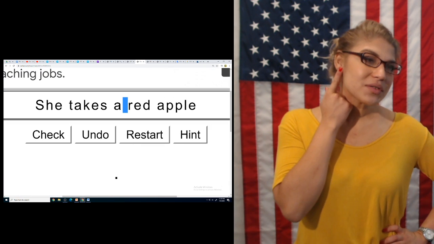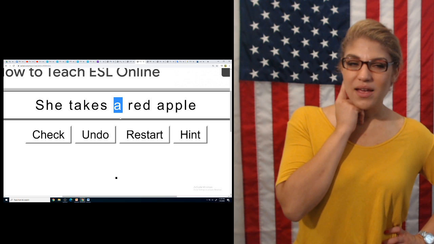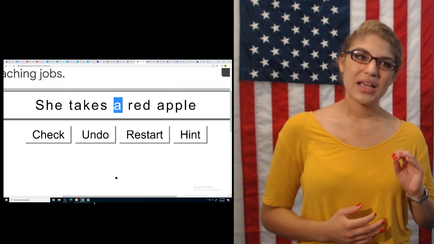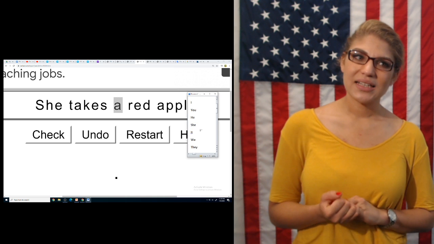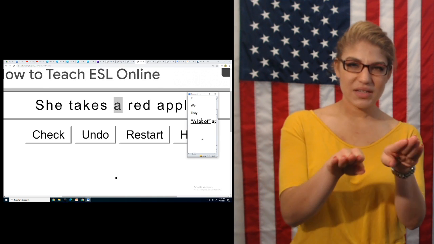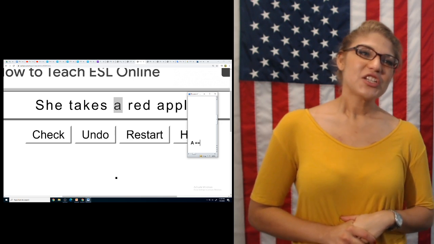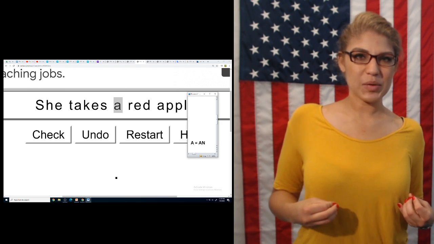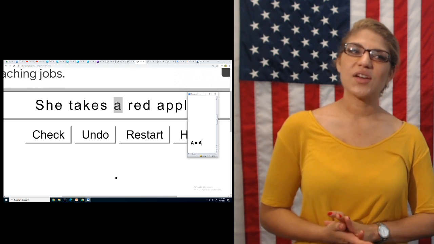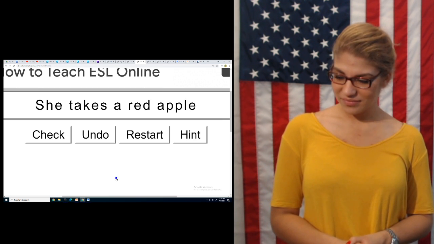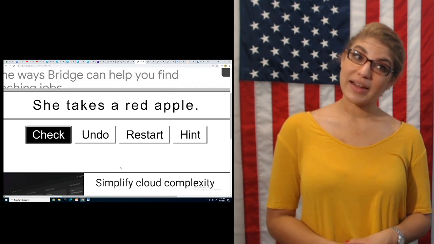You will hear sometimes a, and sometimes you will hear the word an. A red apple is equal to an red apple. She takes a red apple. It is your choice.